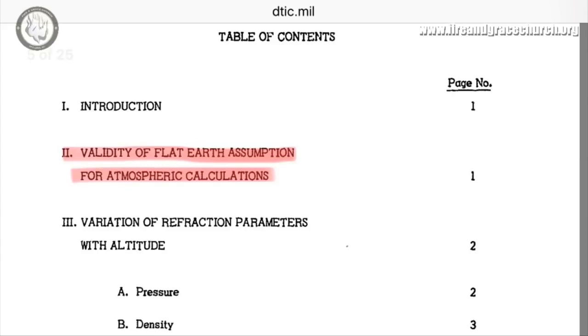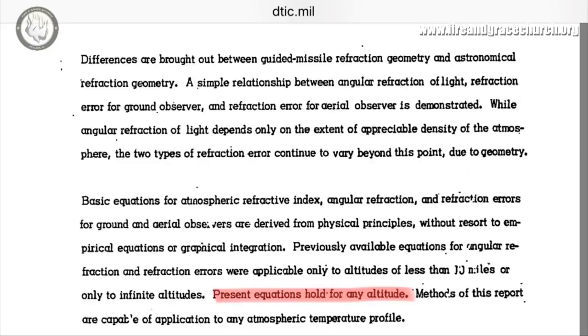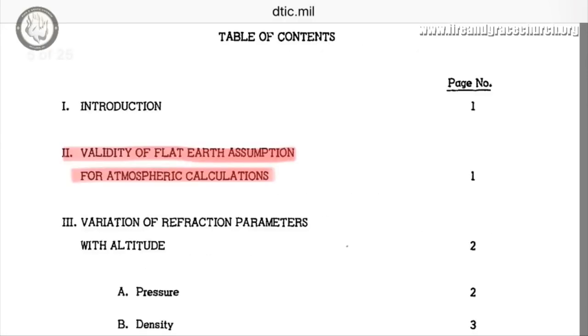Let me back up. Remember, present equations hold for any altitude. So some of this study of basic atmospheric equations, this is for any altitude. And this is the introduction. This is the table of contents. Introduction, the validity of flat Earth assumption for atmospheric calculations.